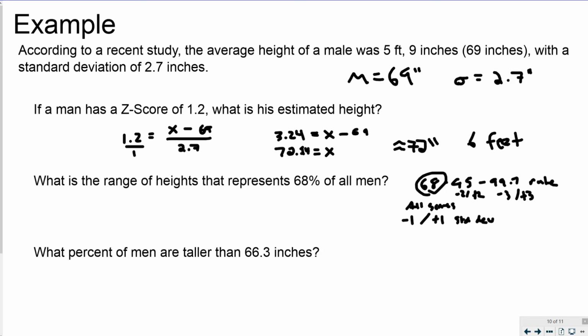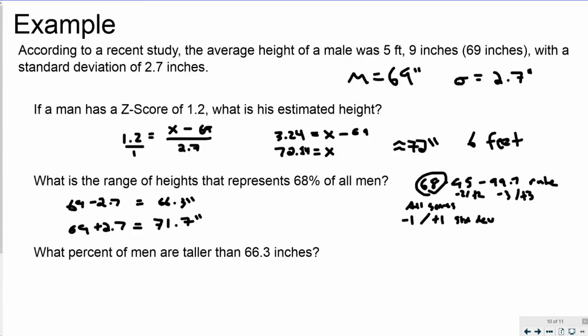So if I take the mean and I subtract a single standard deviation from it, 69 minus 2.7, I get 66.3 inches as my lower range, because that is 1 standard deviation. And if I take 69 and add 2.7 to that, I get 71.7 inches. So those are the ranges that represent the height of 68% of all men.